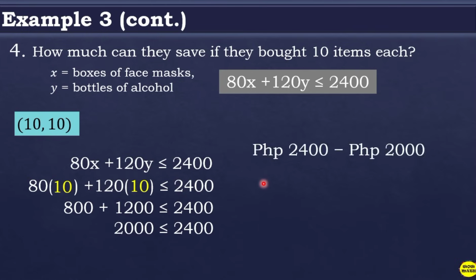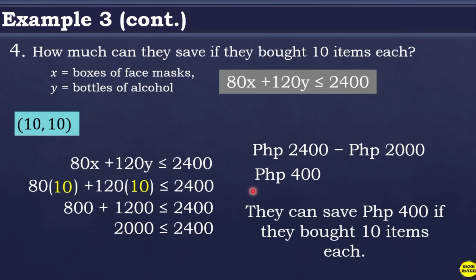Yes, ima-minus natin yung budget nila na 2,400 doon sa 2,000 na nagastos nila kung bibili sila ng tig sa 10 items bawat isa. Okay? Now, so 2,400 pesos minus 2,000 pesos, yung kanilang expenses. Ito yung budget. So, ang may maiiwan pa na 400 pesos. So, therefore, they can save 400 pesos if they bought 10 items each.